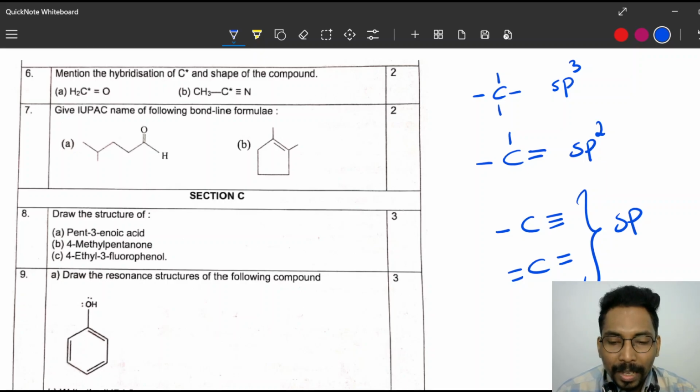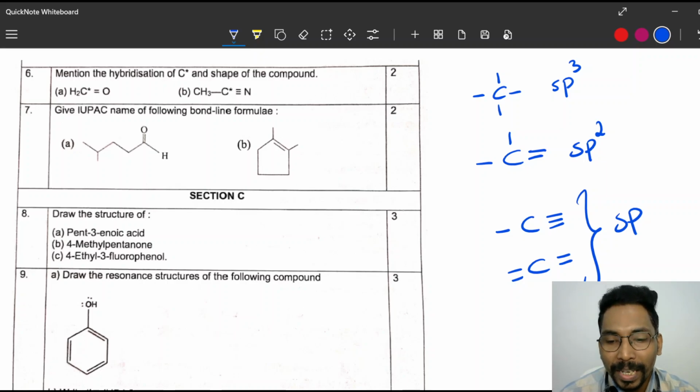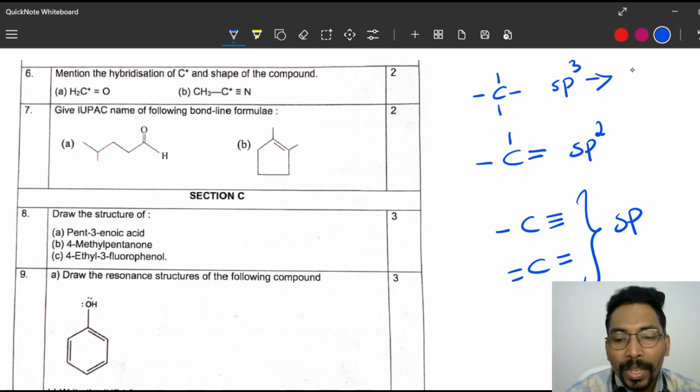Yes. Now you can connect these hybridizations with geometry also. Here one question is there with shape. If the hybridization is sp3, the shape will be tetrahedral.